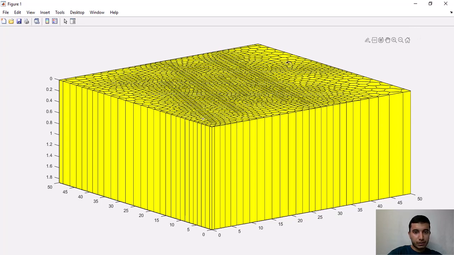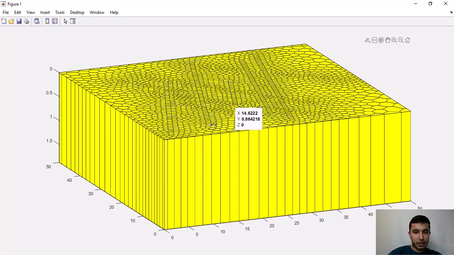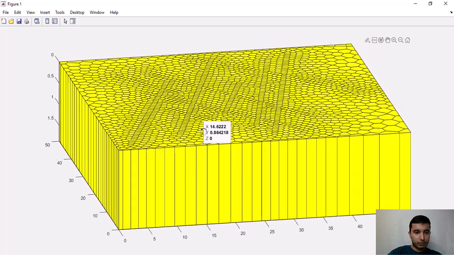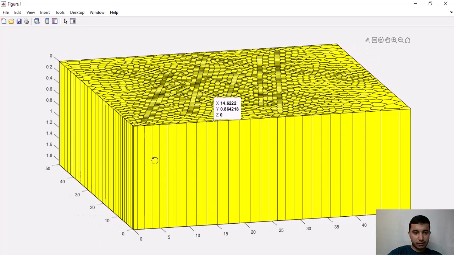As you see, this is our model, which is two-dimensional. It's discretized in the x and y directions, but it's not discretized in the z direction, and so it's a two-dimensional model.